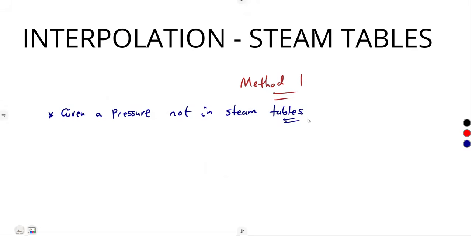You must select a set of data slightly above and slightly below the required value and perform the interpolation. To use the method that I'm going to explain, let us say we're given a pressure, which is P. I'm just going to consider any pressure as our example.